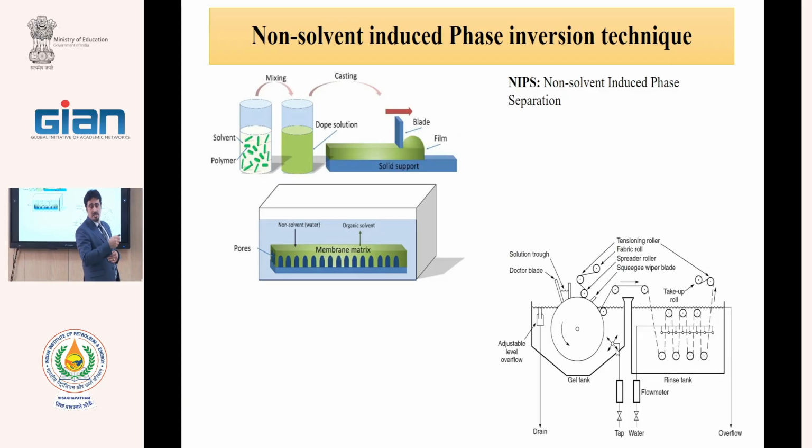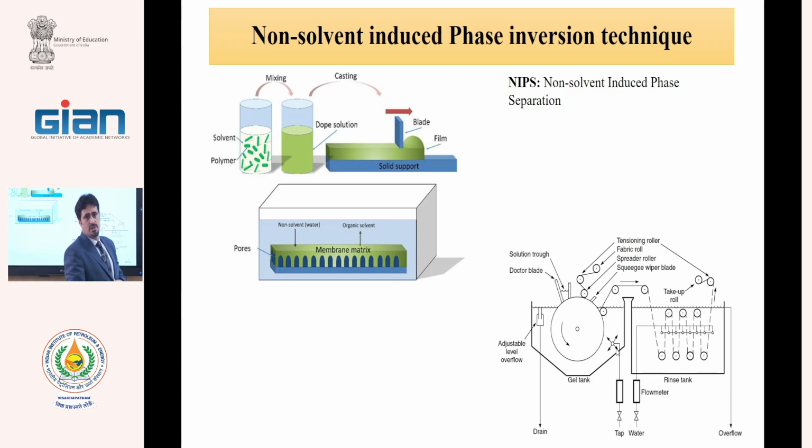fabric. In industrial membranes, we always use fabric, because the fabric increases the strength and stability of the layer. But in lab scale, it is not necessary to use the non-woven fabric.